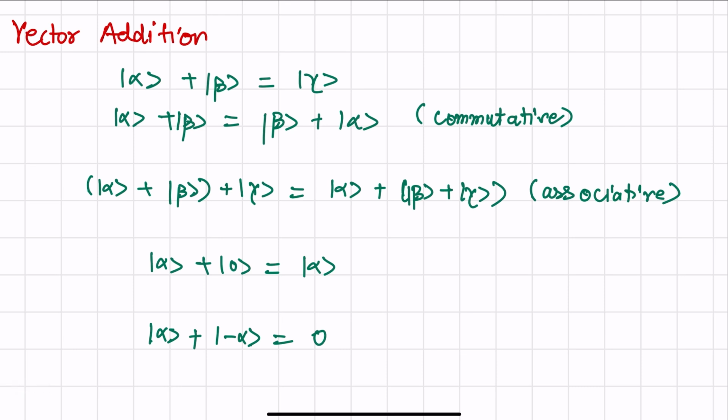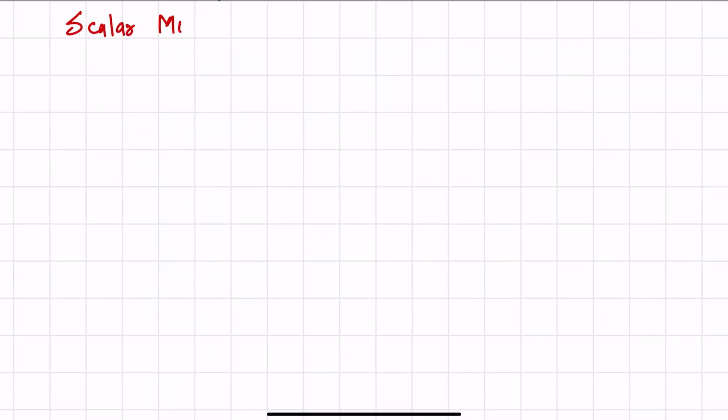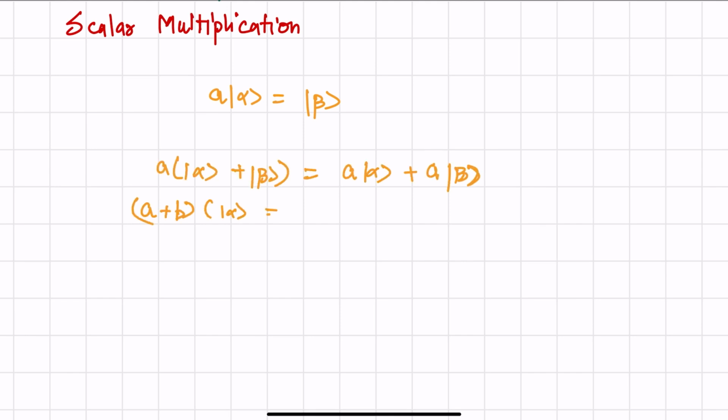Now let's go through the rules of scalar multiplication. The first property is a similar kind of thing. If you multiply a vector with a scalar, you should get another vector that is also in the vector space. Another one is that scalar multiplication is distributive in both of these senses.